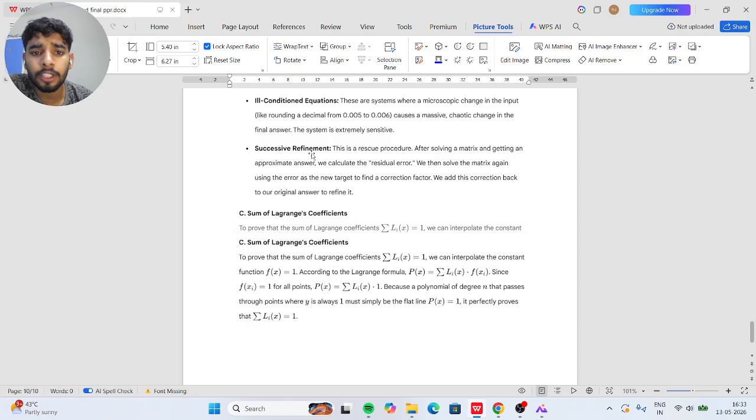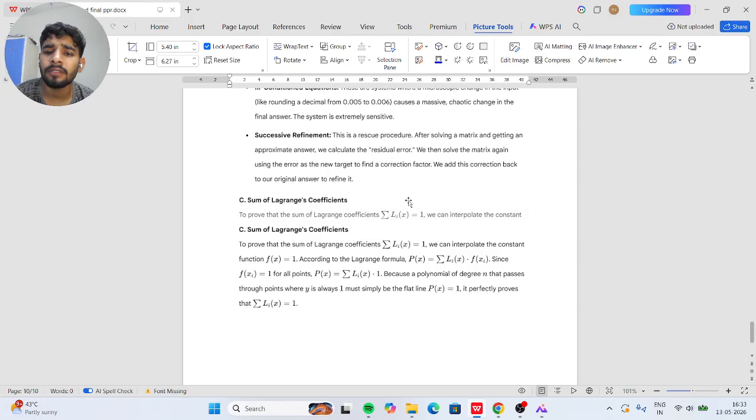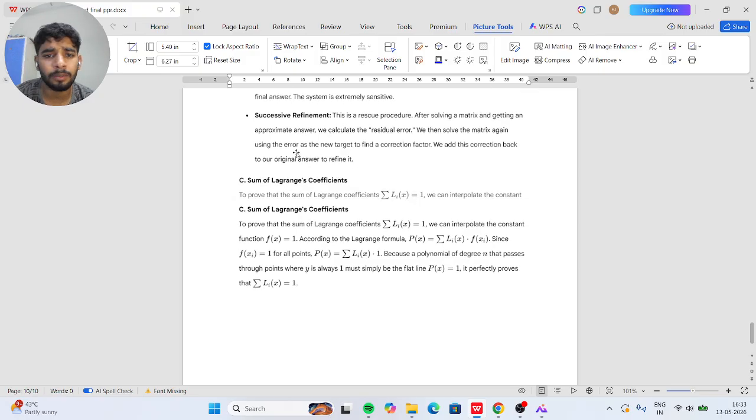Now, what is successive refinement? It is a rescue procedure, like when you are in the middle of something and you need a rescue. After solving a matrix and getting an approximate answer, we calculate the residual error. We then solve the matrix again using the error as a new target to find the correction factor.